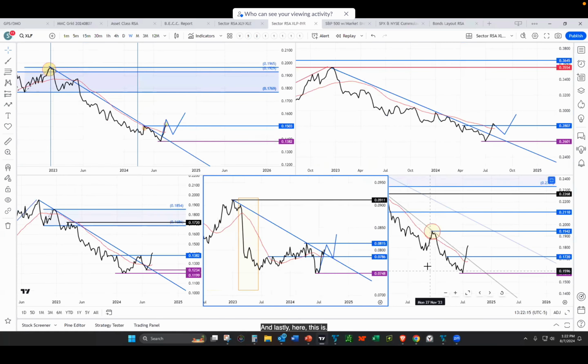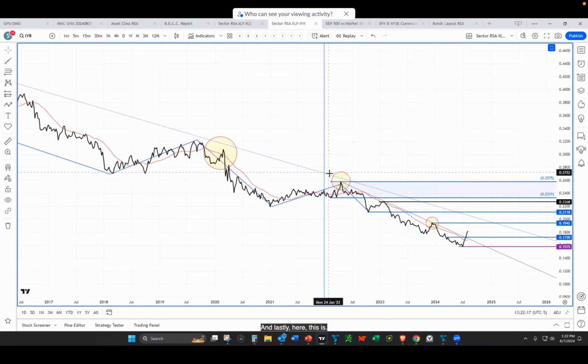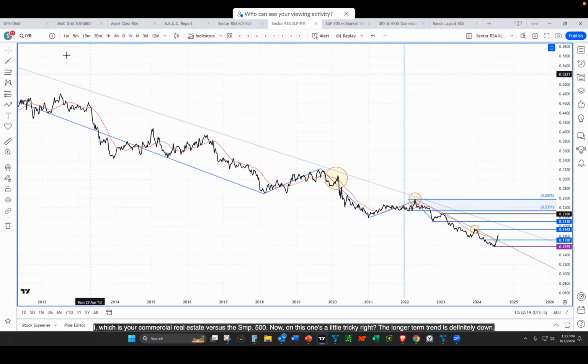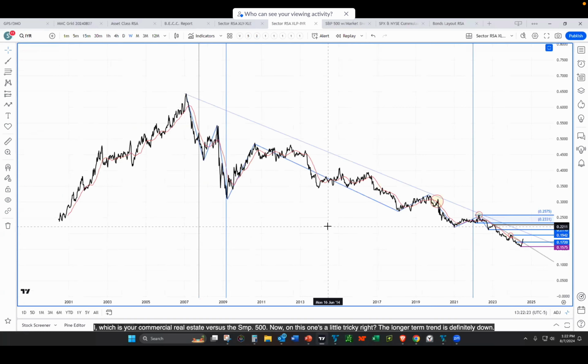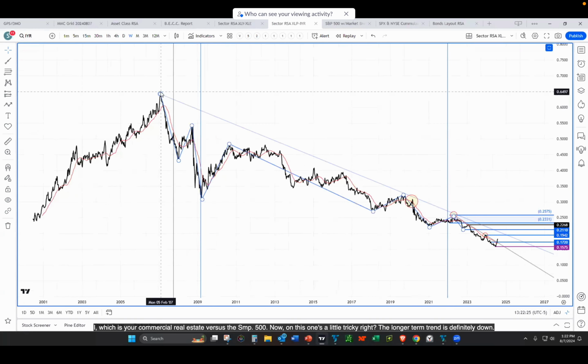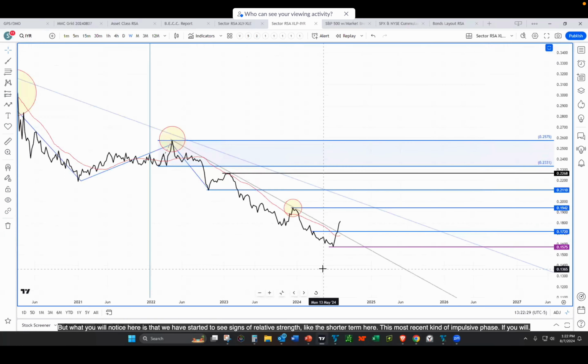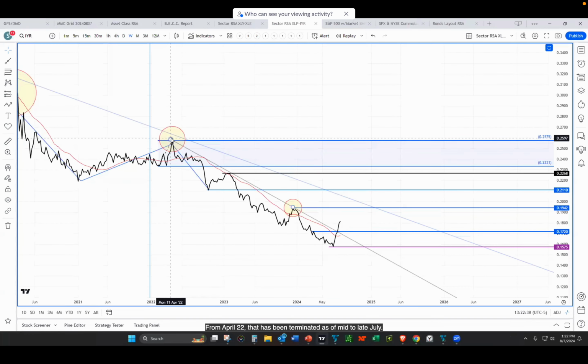And lastly here, this is IYR, which is your commercial real estate versus the S&P 500. Now, on this one, it's a little tricky, right? The longer term trend is definitely down. But what you will notice here is that we have started to see signs of relative strength, like the shorter term downtrend here, this most recent kind of impulsive phase, if you will, from April of 2022, that has been terminated as of mid to late July.